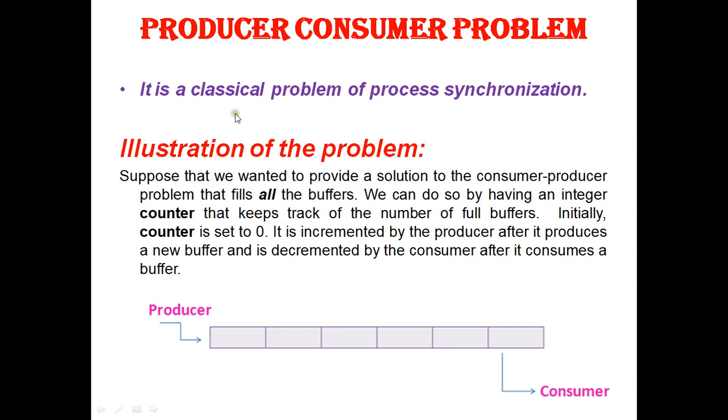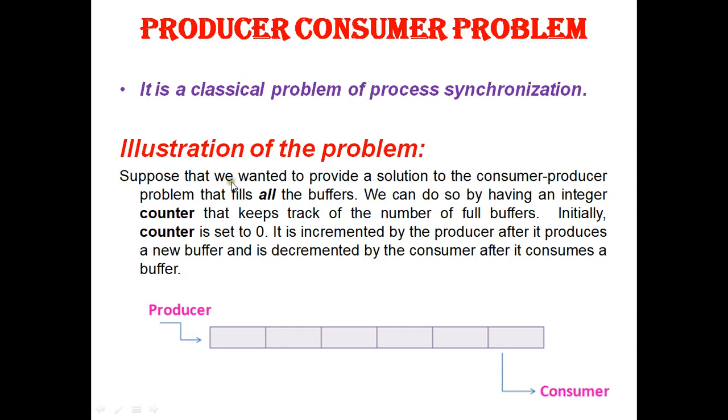Next, we shall see an example of the producer-consumer problem, which is a classical example problem for process synchronization. This problem says that there are two parties, a producer and a consumer. The producer produces items into the list, and the consumer consumes items from the list.